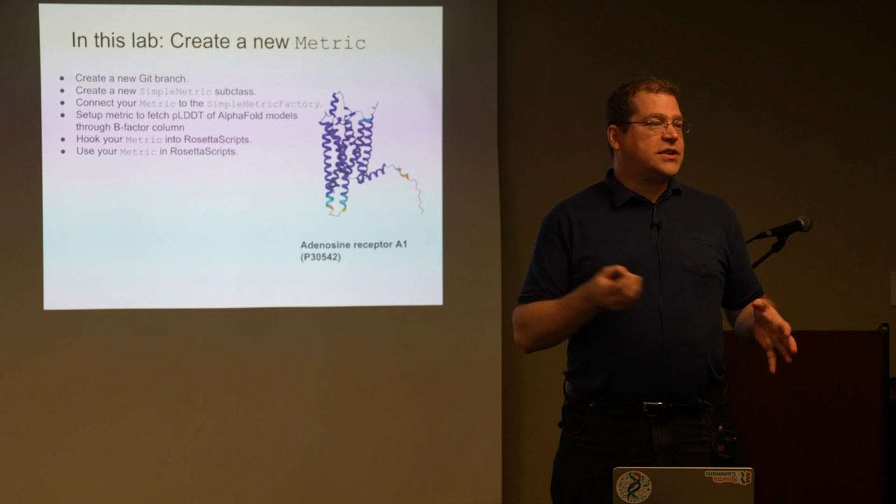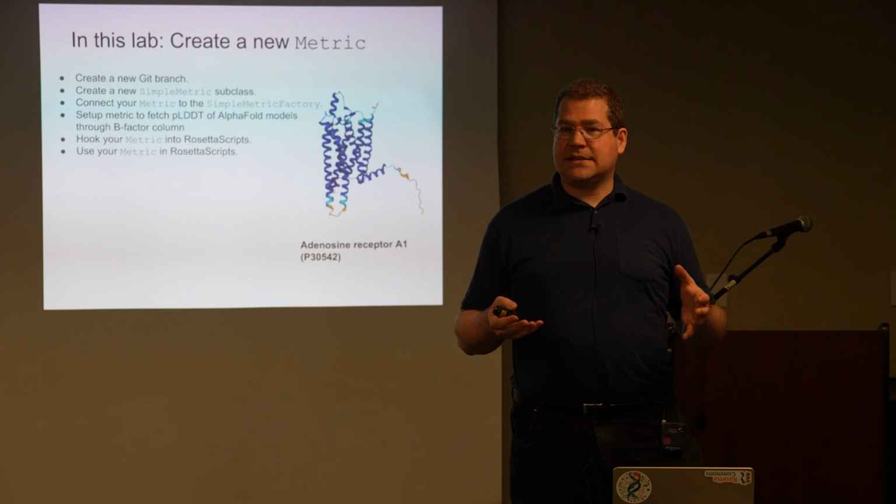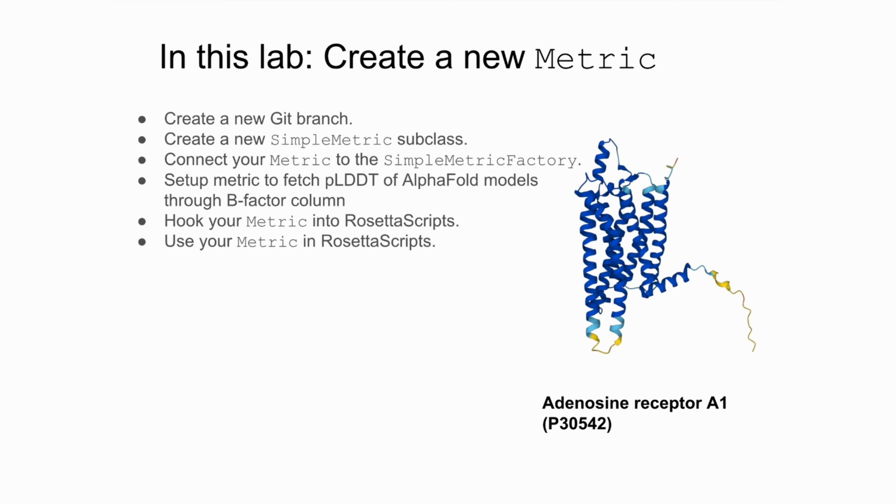And so the question, of course, is what exactly is a SimpleMetric? SimpleMetrics are the new current way of calculating values in Rosetta. Especially in the age of ML, these sorts of metrics are one of the major ways that Rosetta is being used. So you do your design and your prediction, and now you have a whole bunch of different variants, and you're trying to figure out which sequences from protein MPN are exactly the ones that you want to go into the lab with.